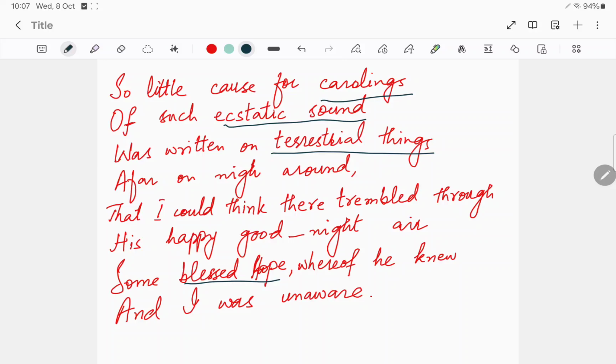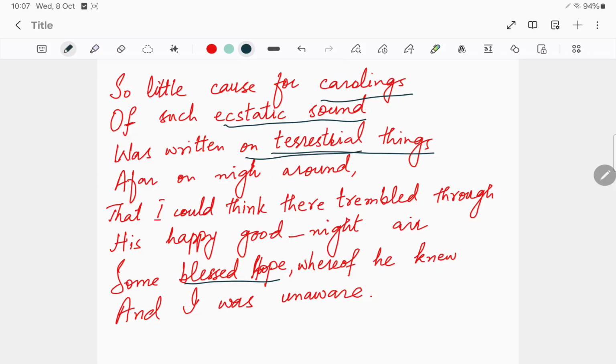Well, I believe there is an irony, because he says I could think there trembled his hand. He believes that the bird's joy finds joy where no joy seems to exist, because he says he's written on terrestrial things. That means everything looks very bleak and lifeless, but even then the bird finds joy.